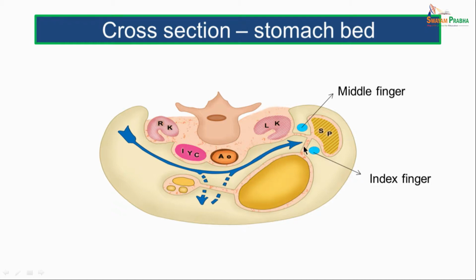So, it is very clear here that the spleen is separated from the stomach by the greater sac, whereas the other structures which form the stomach bed are separated from the stomach by the lesser sac.